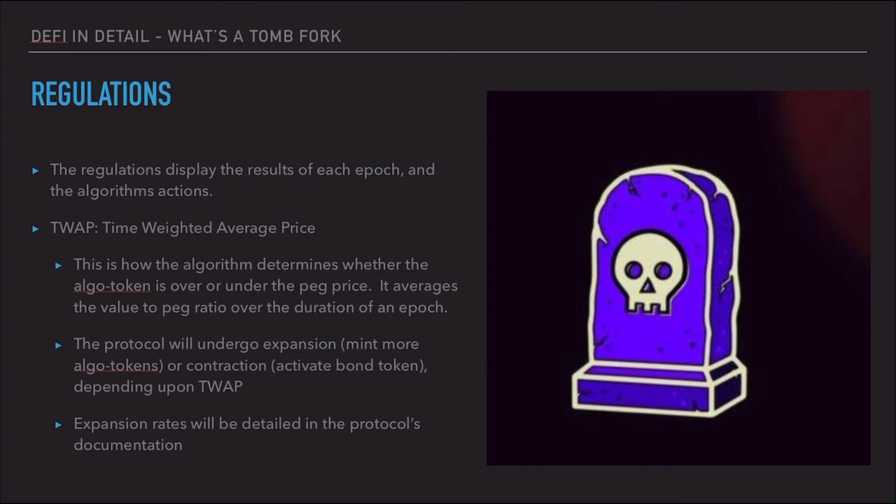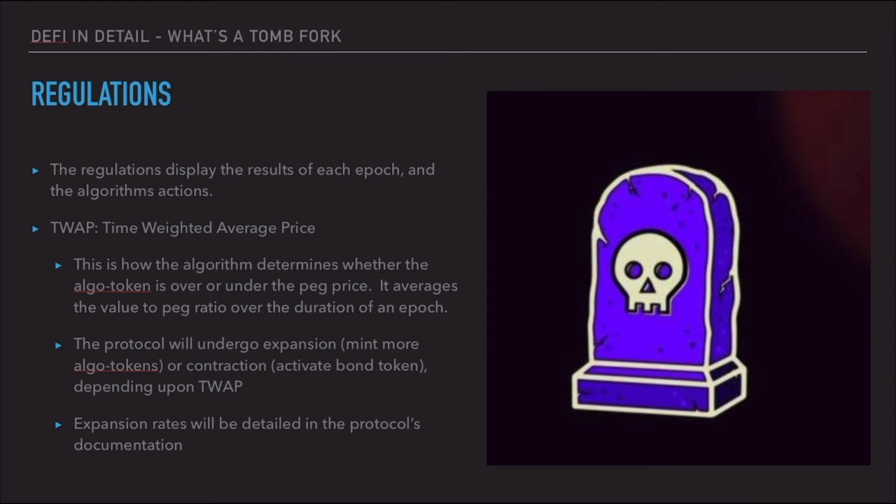The regulations are where you can see the results of each epoch and the algorithm's actions that were taken. So here's a term that I've thrown on here to be familiar with, and it's TWAP, as you may hear it said, and that stands for the time-weighted average price. This is how the algorithm is determining whether the algo token is above or under the price of the peg.